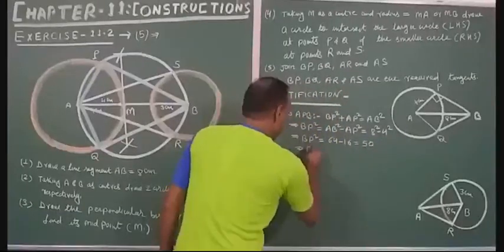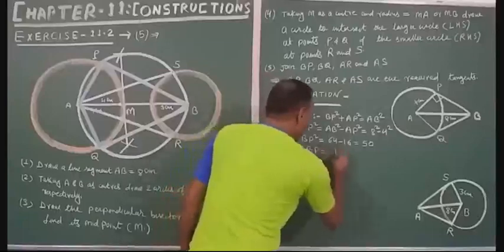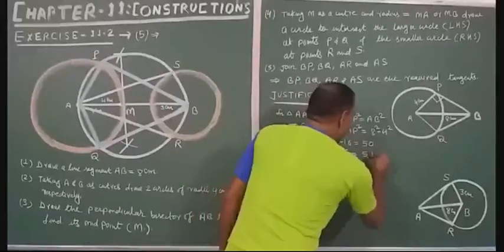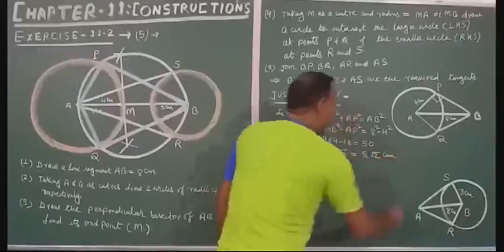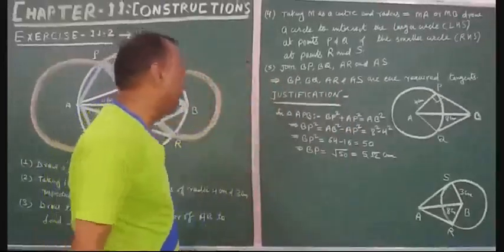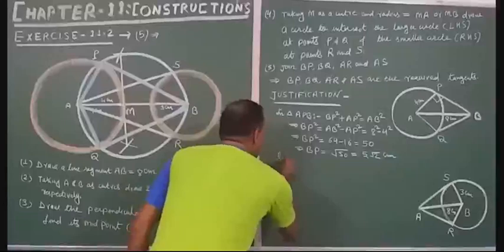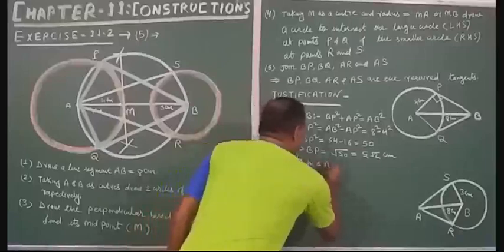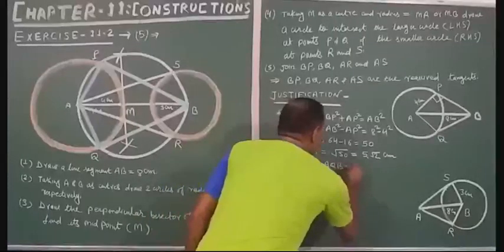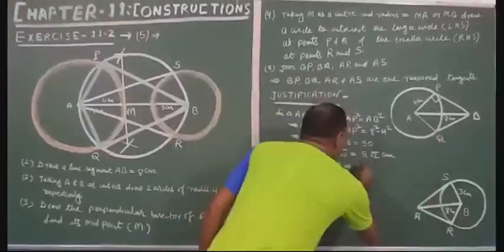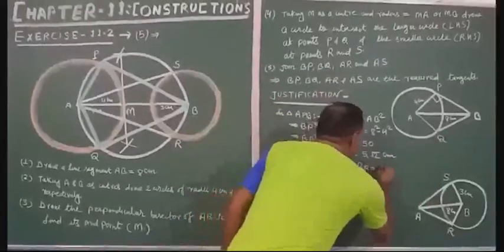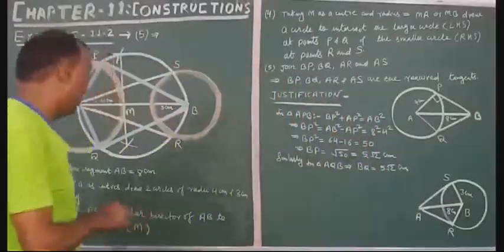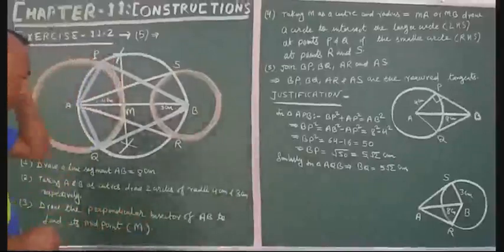Therefore BP will be under root 48. And similarly in triangle AQB, BQ will also be the same length.